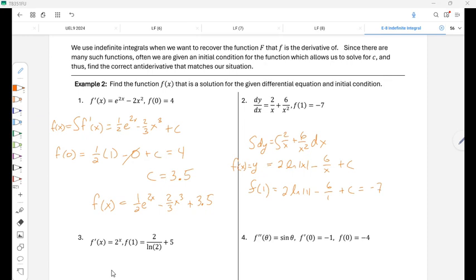But 2 ln of 1 is 0. So basically we have minus 6 plus c equals negative 7, which means that c equals negative 1. So in this case, our f of x is 2 ln x minus 6 over x minus 1.